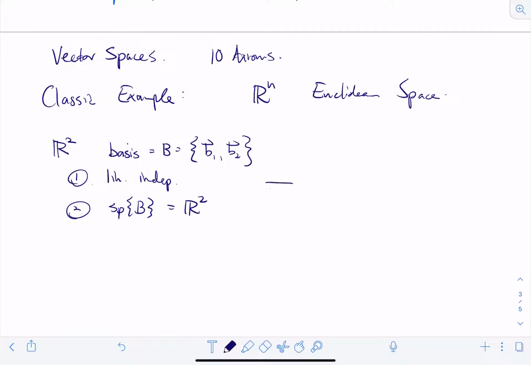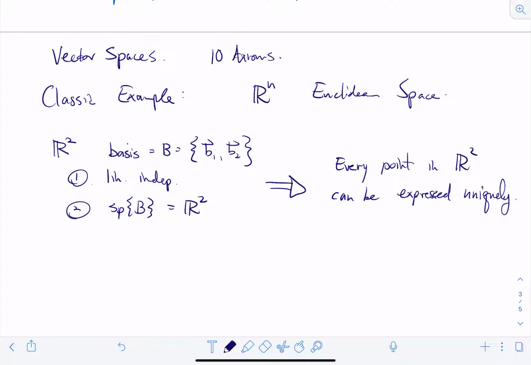So the main takeaway, I would say, is that every point in R2 can be expressed uniquely as a set of coordinates.